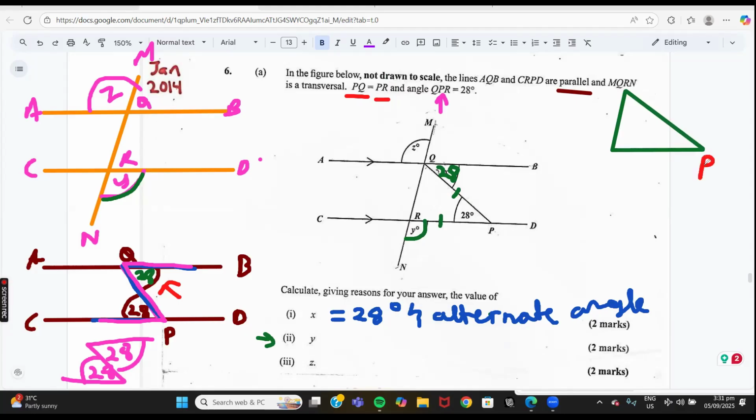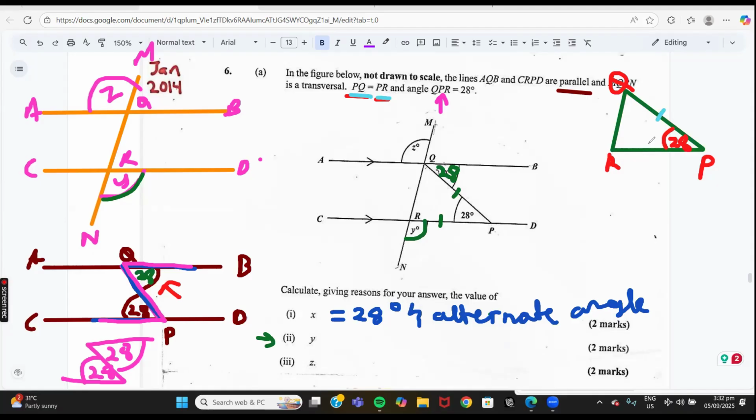So we have P over here, we have R, we have Q, right? We know that this angle here is 28. That was given in the diagram. So since this angle is 28, they also said that PQ, that is P to Q, this side, is equal to PR, which is this other side.